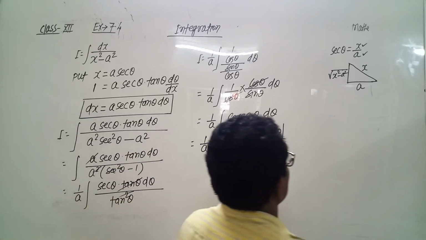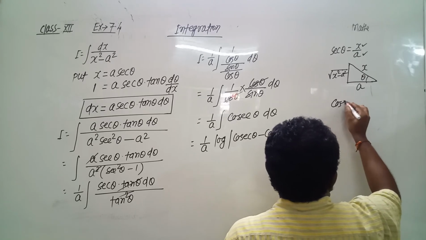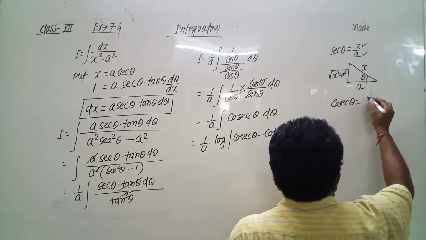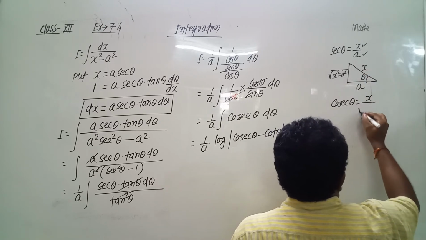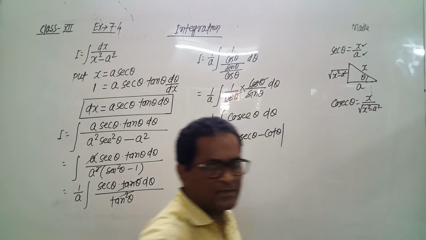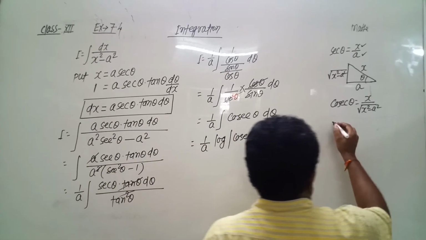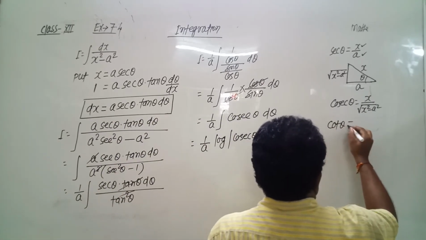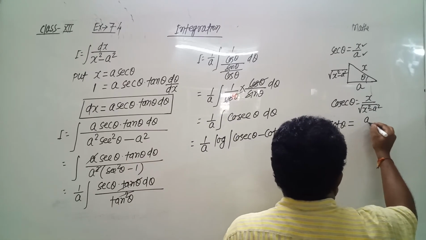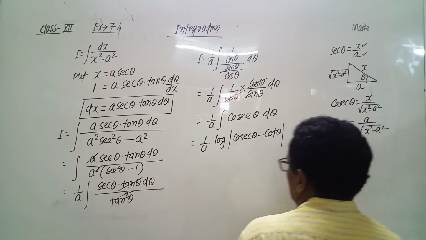So the value of cosec theta, let this angle be theta. Cosec is the reciprocal of sine, and cosec is hypotenuse upon perpendicular. So it becomes x upon under root of x square minus a square. And the value of cot theta: cot theta equals base upon perpendicular, meaning a upon under root of x square minus a square.